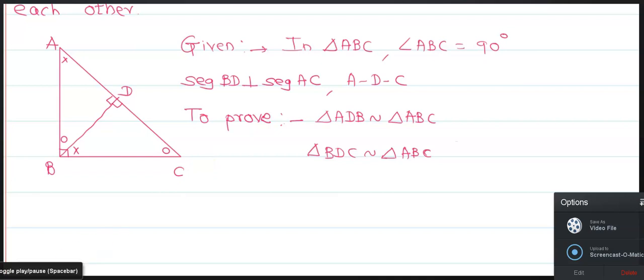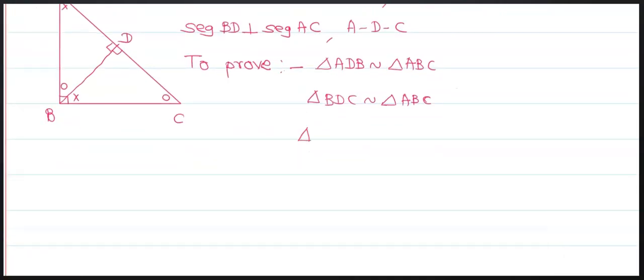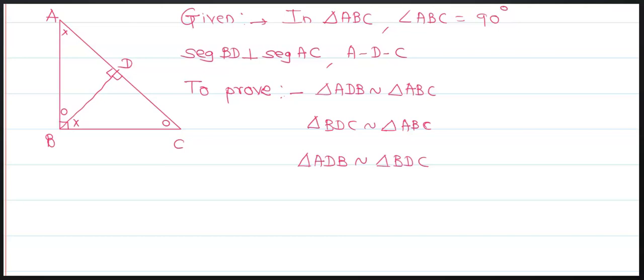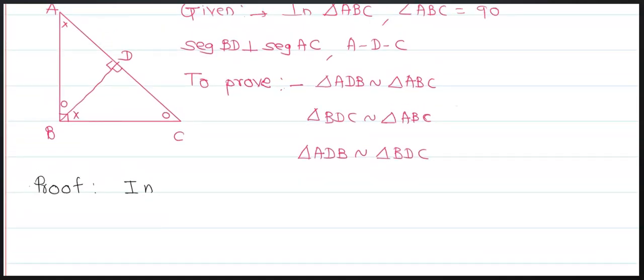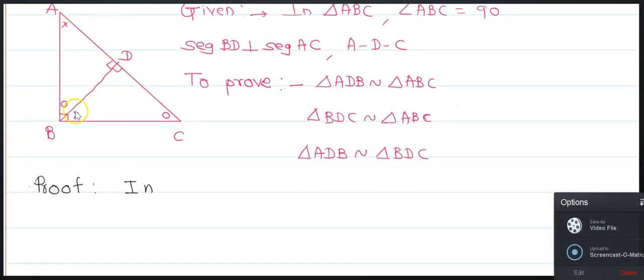This is my sequence. Now see this here: triangle ADB is similar to triangle BDC. It means that these two triangles are similar, that is, ADB is similar to BDC.